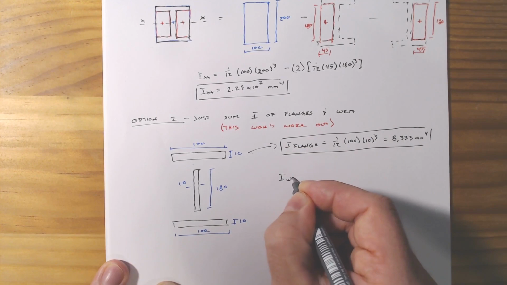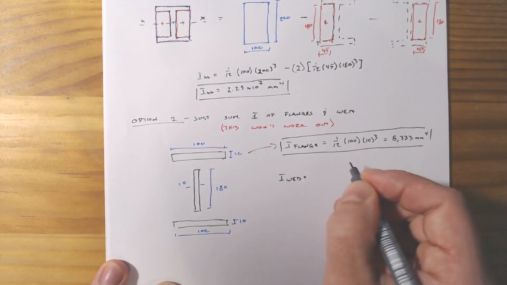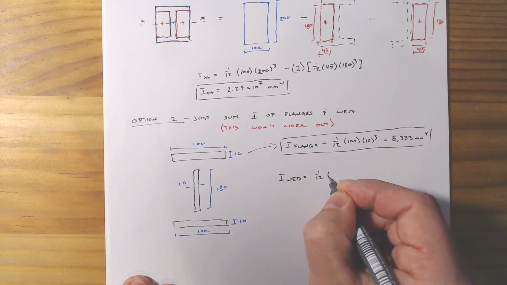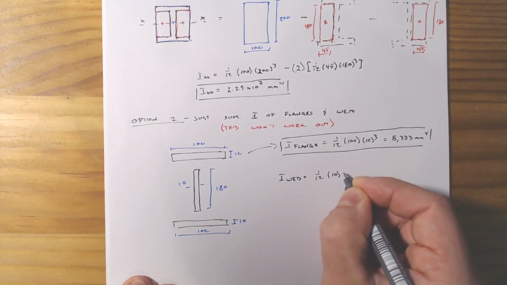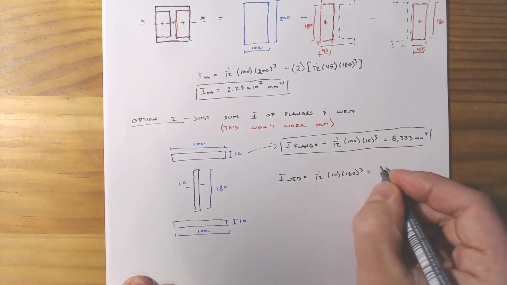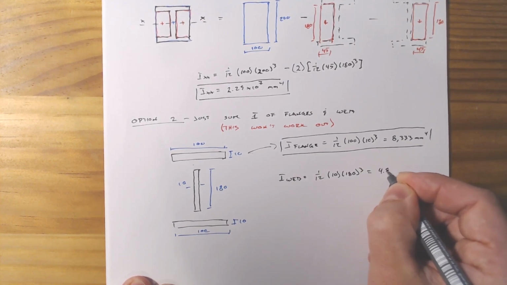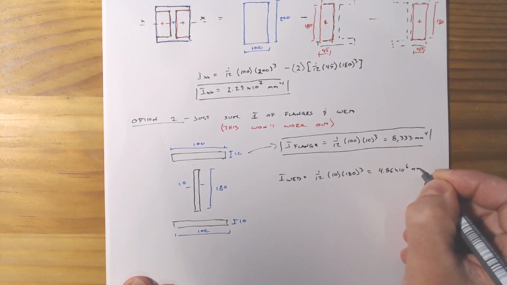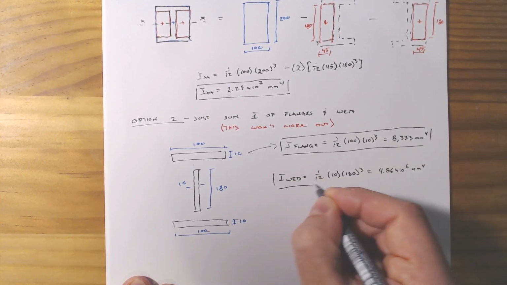I of the web equals 1 over 12 times 10 times 180 to the third, and that equals 4.86 times 10 to the sixth millimeters to the fourth.